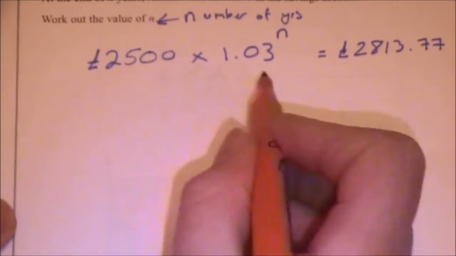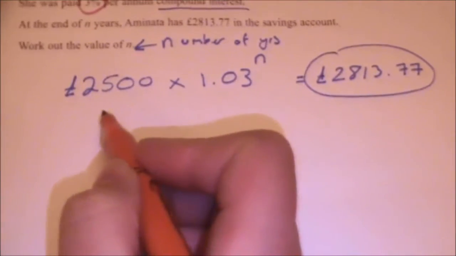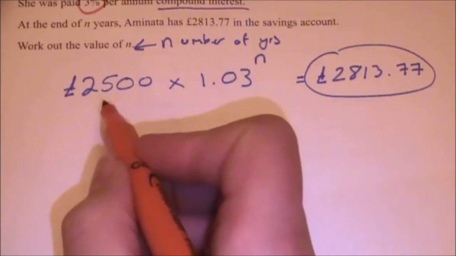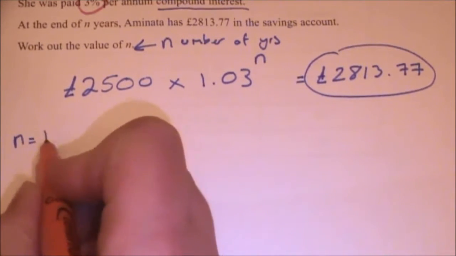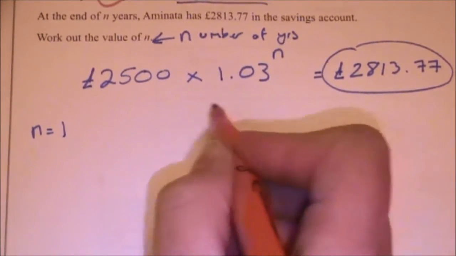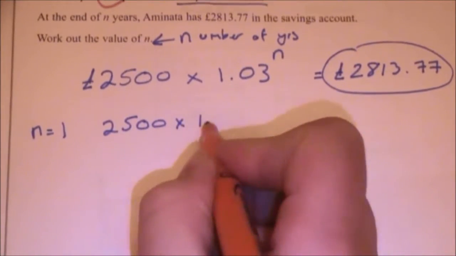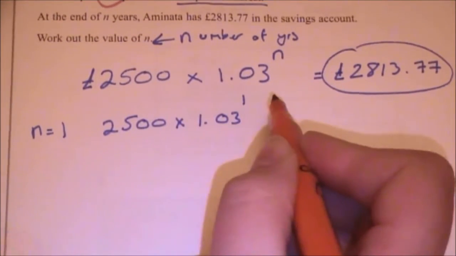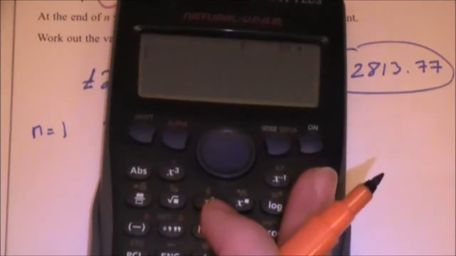I'm going to say, first of all, if I know that that is what she needs to get to, and that's the starting amount, I'm going to see, after 1 year, so n equals 1, how much money would I have? So I put in my calculator 2,500 times by 1.03 to the power of 1. So let's set that up on the calculator.